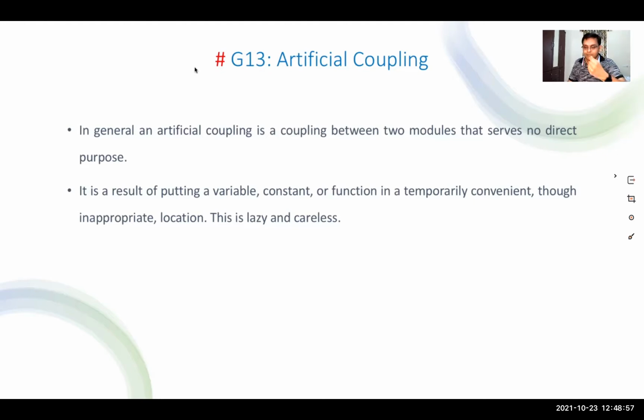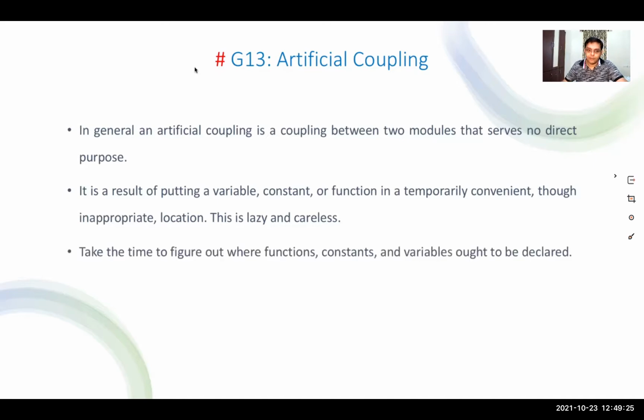This is very lazy and careless, because you are taking something from that module which you can define yourself. If you put in a call to that thing, coupling automatically comes between those modules. I want to reduce that coupling, so sometimes I can recreate it here itself, because you need to avoid the coupling.